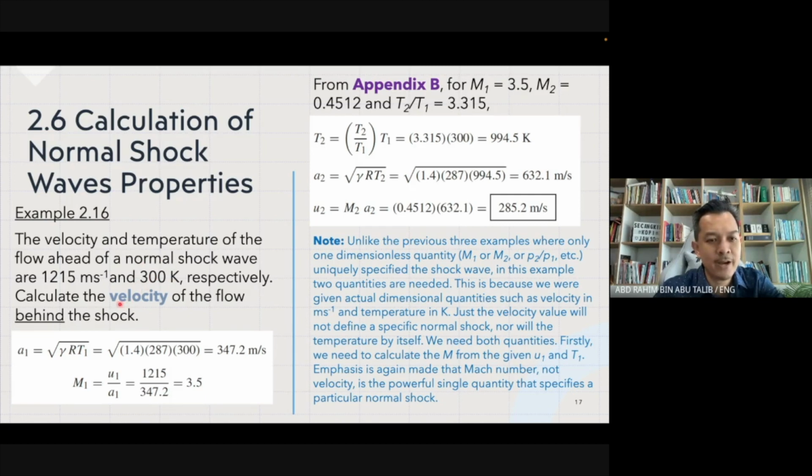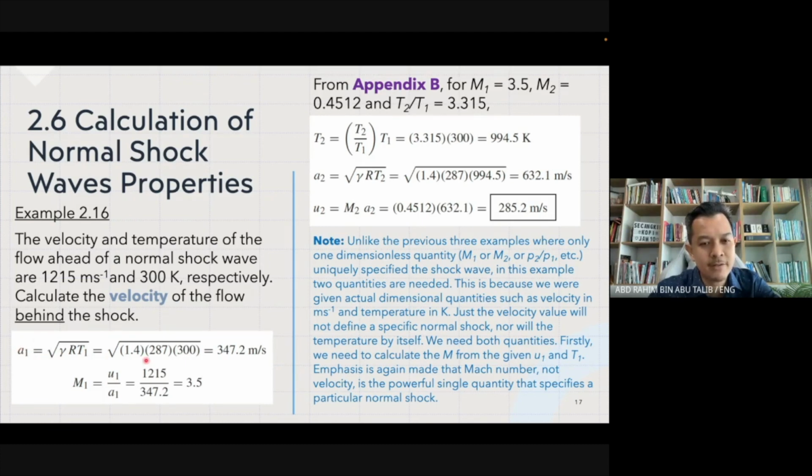So you have to find the velocity of the flow behind the shock. I just underline the word behind there, so that we know which appendix we need to view.